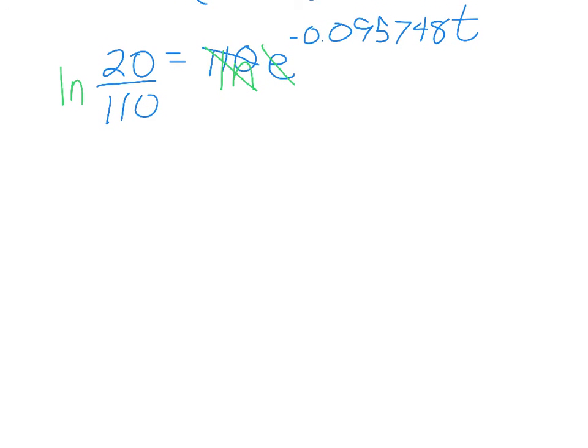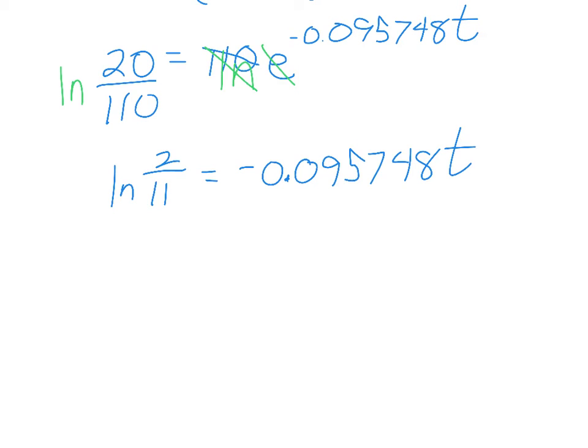So I'm left with the natural log of 20 over 110, so I can maybe speed that up and say 2 over 11 is equal to, oh my goodness, all my time is taken up writing this number here, negative 0.09574 T. Okay, so divide this off.